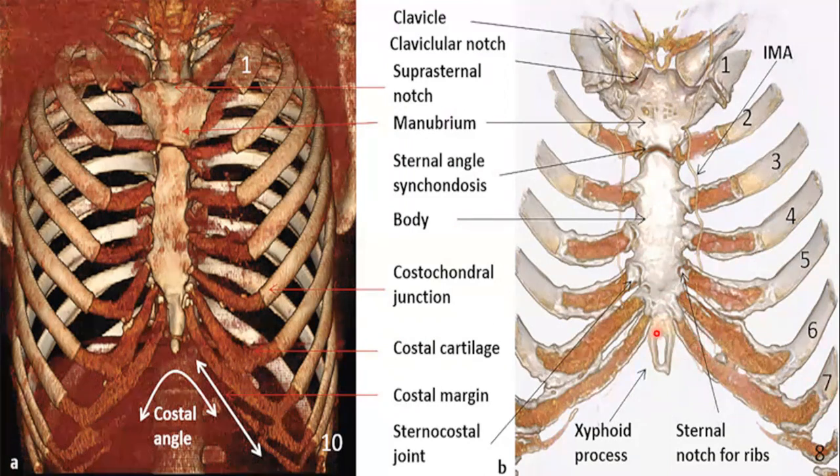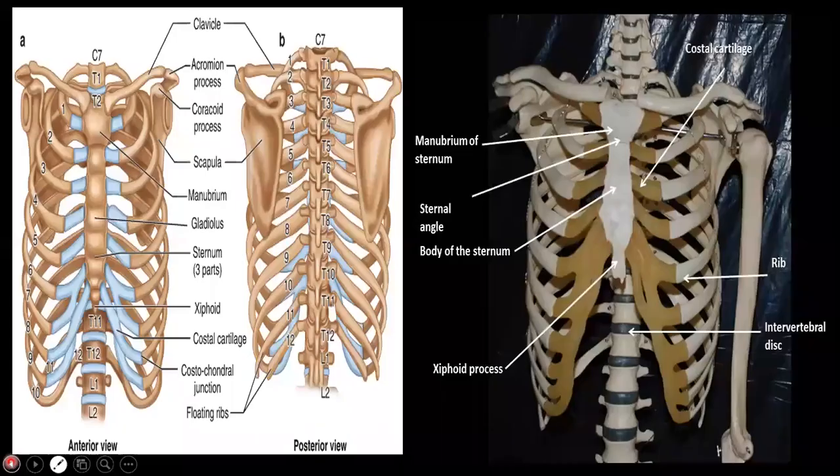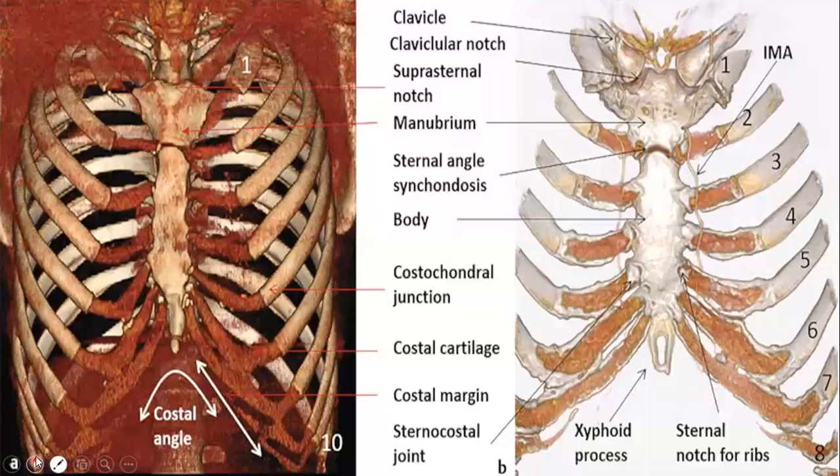So this is our xiphoid process over here. You can see clearly over here that the seventh costal cartilage goes inferiorly over here. This is our seventh costal cartilage that is going over here. Or in the better diagram which you can see, the seventh costal cartilage is going to our xiphoid process.